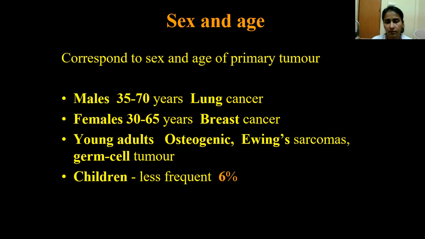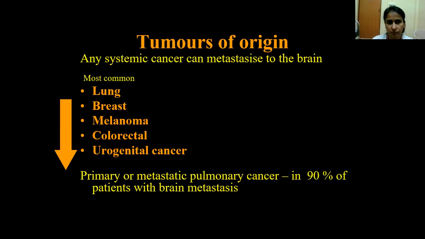If there is a young adult, because in males and females both the minimum we are taking is 30 to 35, if you see a young adult with cerebral metastasis, you have to think of osteogenic sarcoma, Ewing sarcoma, or any germ cell tumor. And in children, metastasis is very infrequent, almost 6%.